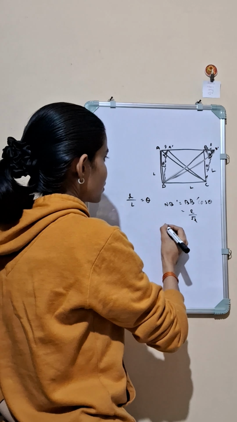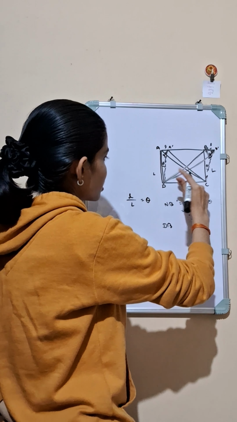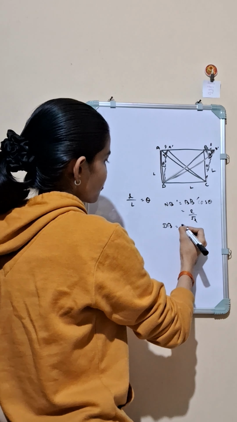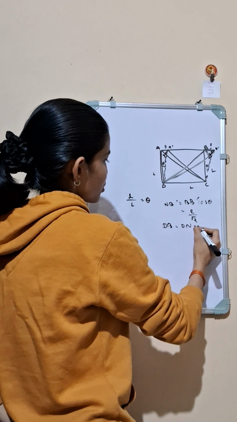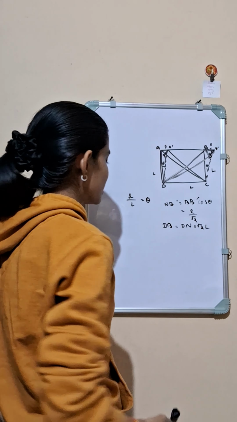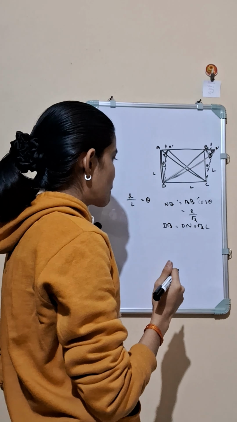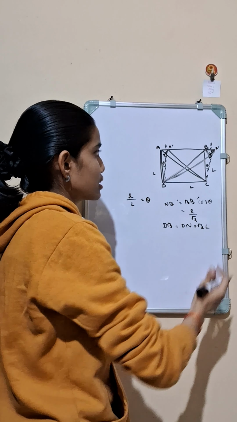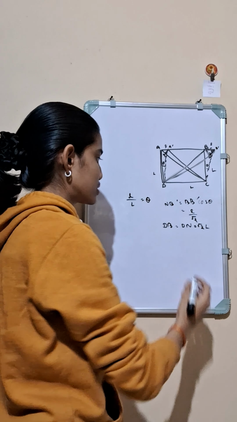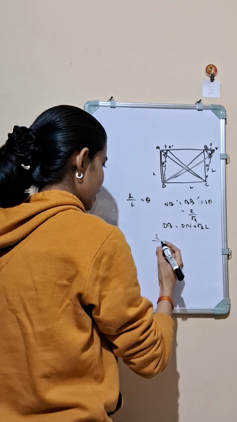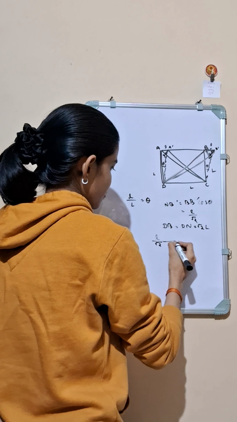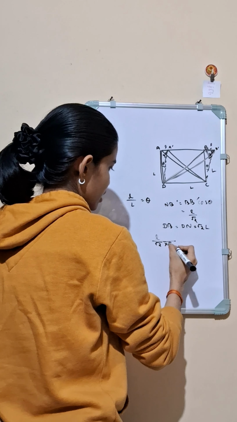So dB, or we can also say dN, is equal to root 2L. So now we have to calculate the tensile strain, meaning the change in length by the original length, which is root 2L.